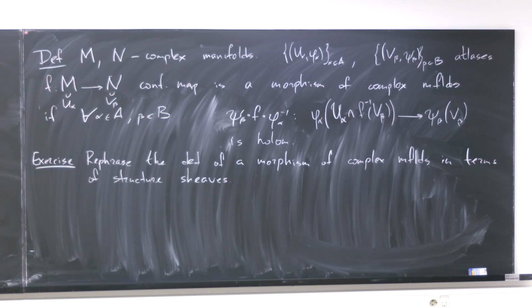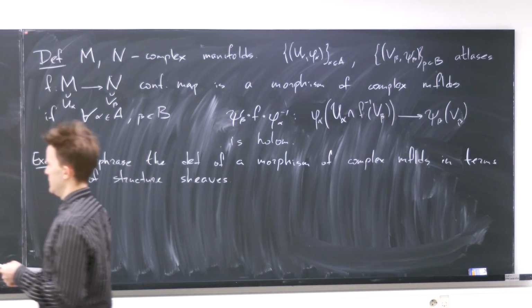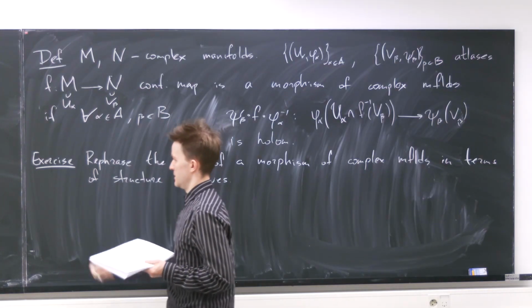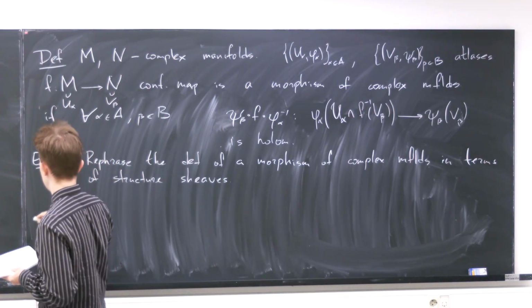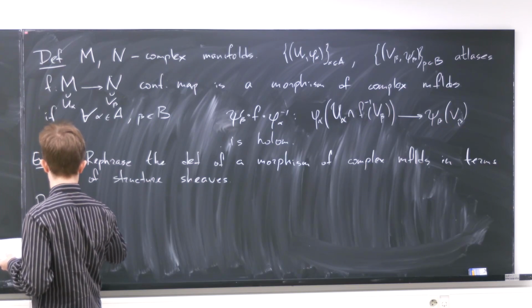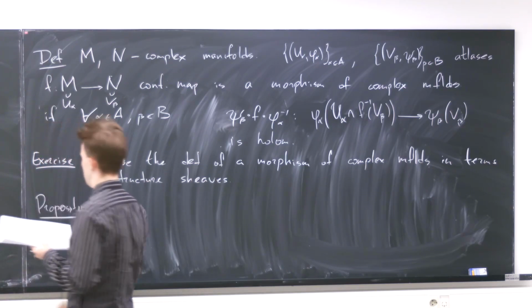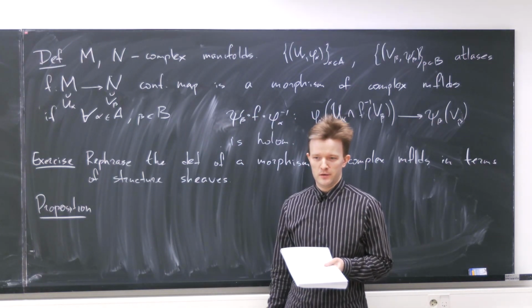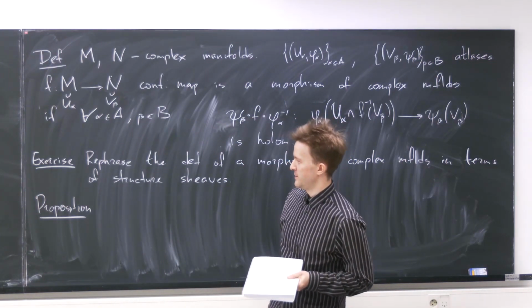Okay, so let's now prove something. I was not going to prove too much today, but there is one easy and nice proposition which we could easily prove and recall some basic notions from complex analysis on the way.